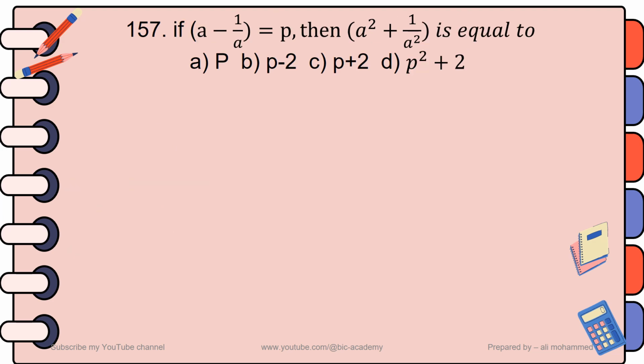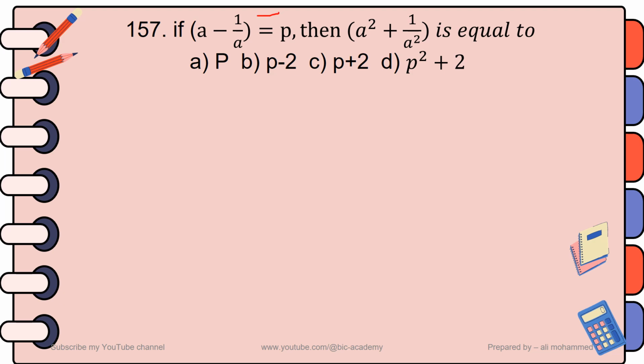Question number 157. If a minus 1 over a is equal to p, then a squared plus 1 over a squared is equal to: a p, b p minus 2, c p plus 2, d p squared plus 2. Okay, here you are given the equation a minus 1 over a is equal to p.